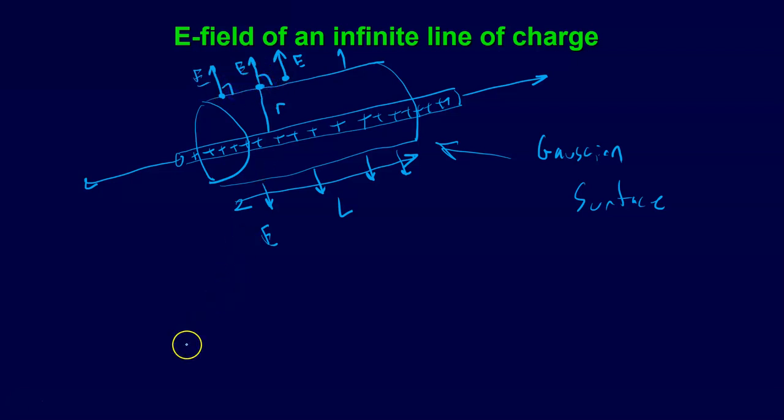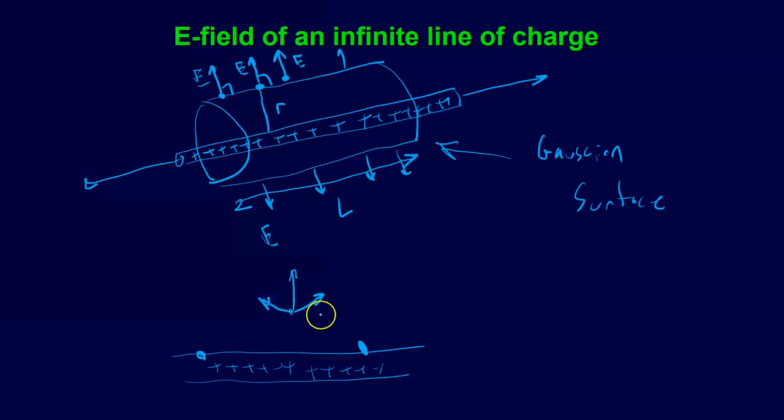And so what that means, if I was to draw my line of charge down here again, at one point here, the E field points exactly away, right? So if I looked at maybe a point of charge here and a point of charge here, there would be some pieces going off to the side, but they're all going to have their X parts cancel and have only a Y part, sort of in that example there, right?